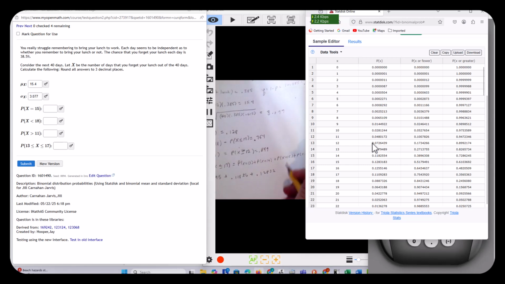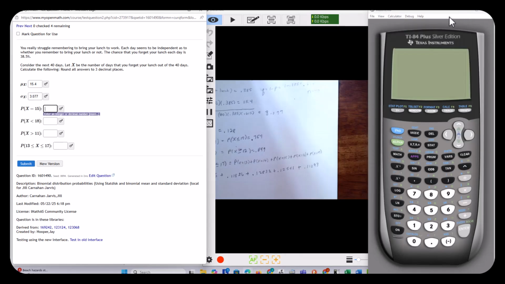I don't know. 16 plus 0.12551. And then the last one is 17. 0.11093. Hopefully I did not make a mistake there. Let me slide this back over here. We'll see. If we've made a mistake, we can correct it.